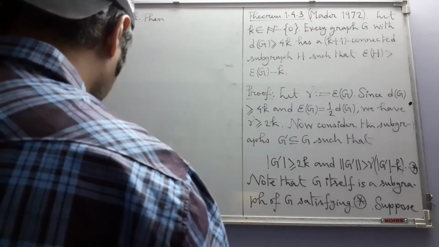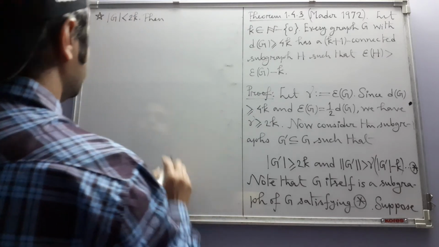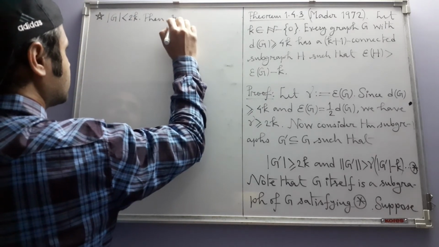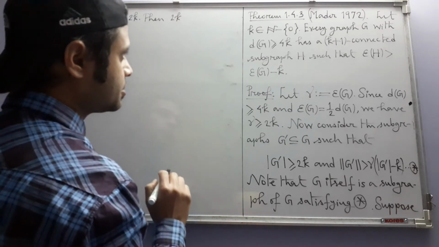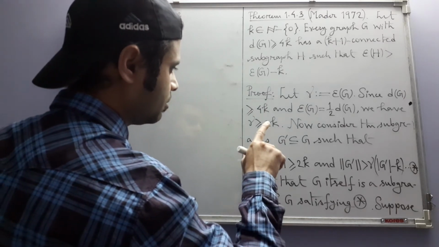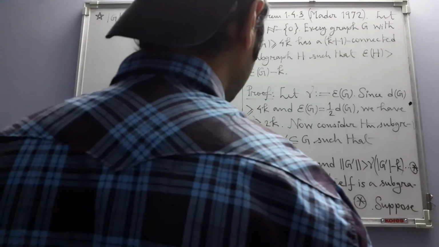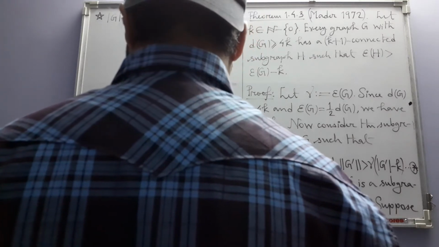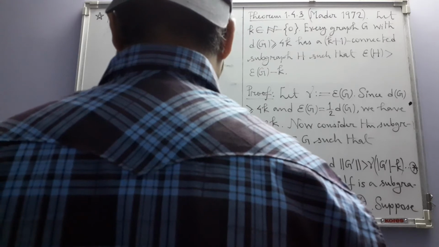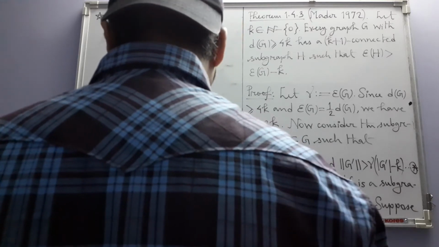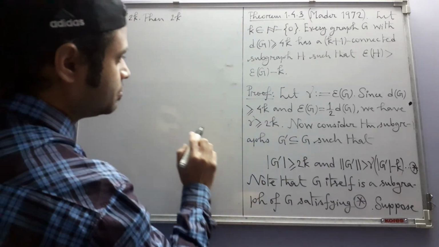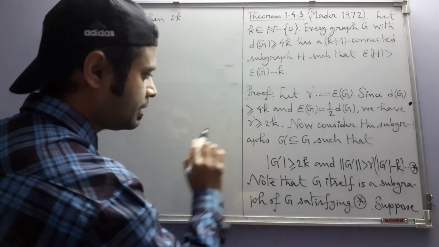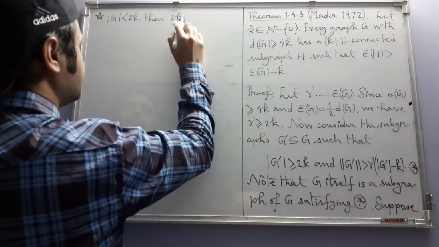Then we will arrive at a contradiction like this. If order of G is less than 2k, then 2k will be, you see, 2k is less than or equal to gamma.